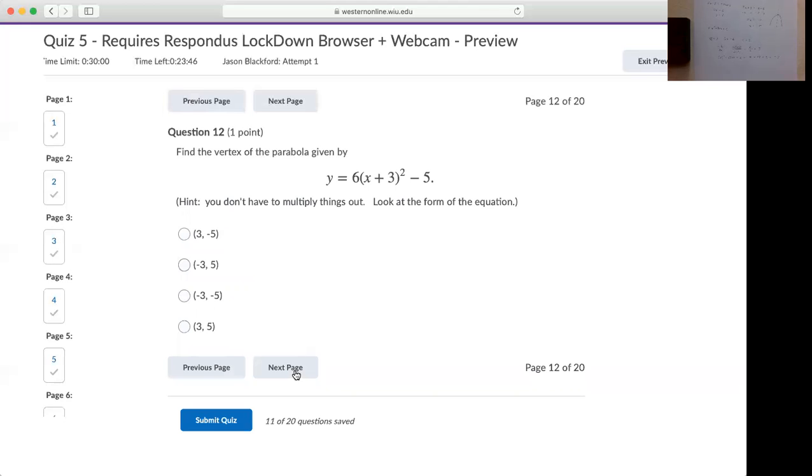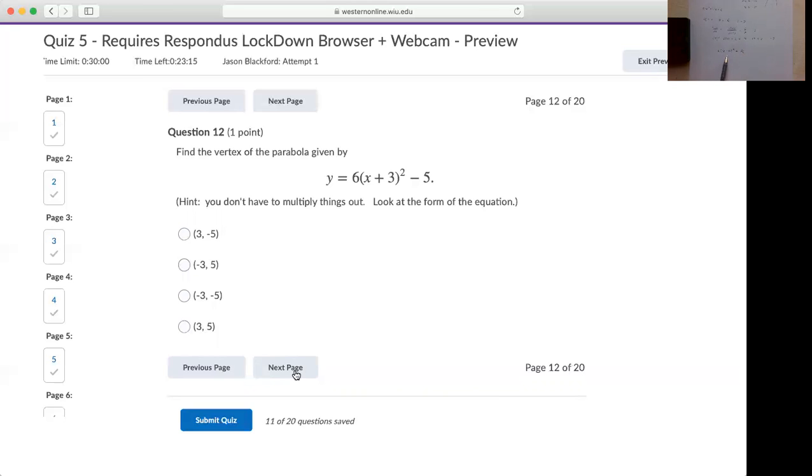Okay. In this case, it's the same question, but a different type of strategy. There are two forms in which you can write a quadratic function. One is ax squared plus bx plus c. The other one is a times the quantity x minus h squared plus k. That's a quadratic function.